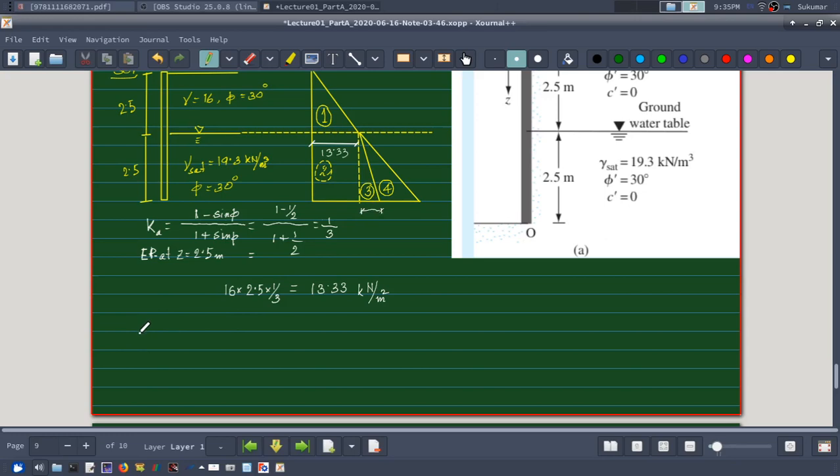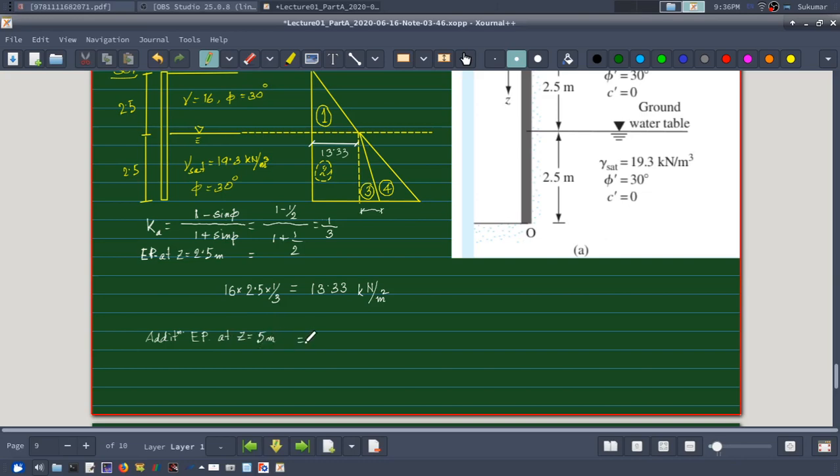So now let us find out earth pressure intensity at z equal to 5 meter from the top. Next, additional EP at z equal to 5 meter.